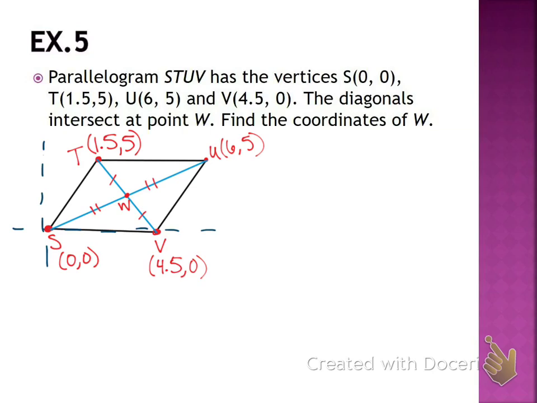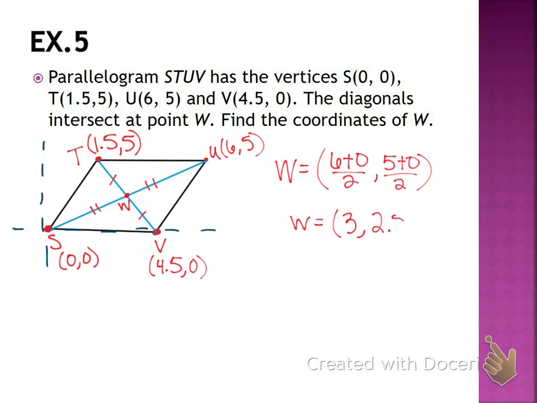So we're finding midpoint. That means we're taking x plus x over 2, and we're taking y plus y over 2. All right, so 6 plus 0 is divided by 2. 5 plus 0 over 2. 2.5.